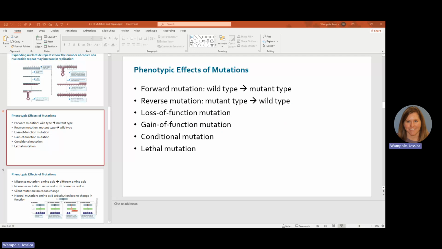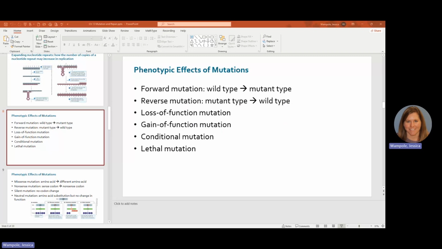A conditional mutation is just like it sounds: it's a mutation that only shows its effects under certain conditions. This is usually going to be some sort of environmental effect. For example, we were just talking about the lac operon.